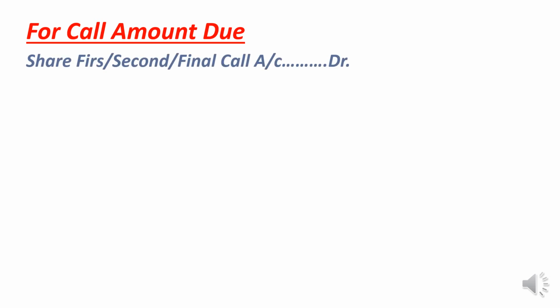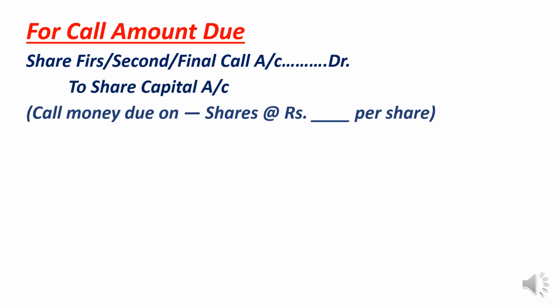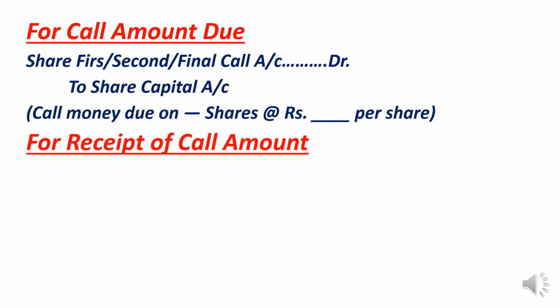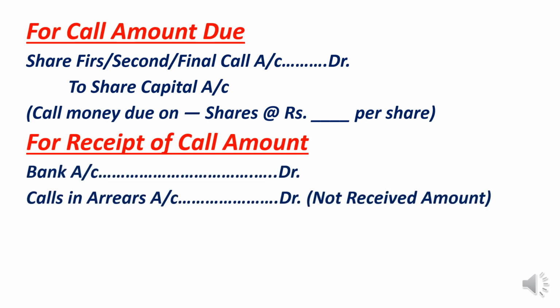Next, for call amount. Call amount may be first call, second call, final call. It may be any number of calls, but the entries will remain the same. So for call amount, the entry is share first, second or final call account debit to share capital account. Being first, second or final call money due. Second, for receipt of call amount, the entry is Bank account debit, calls in arrears.